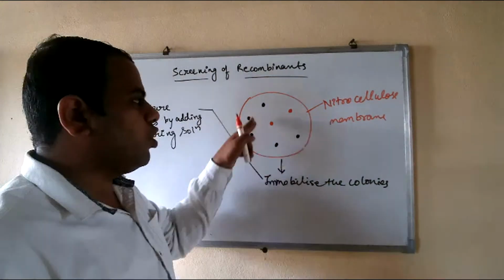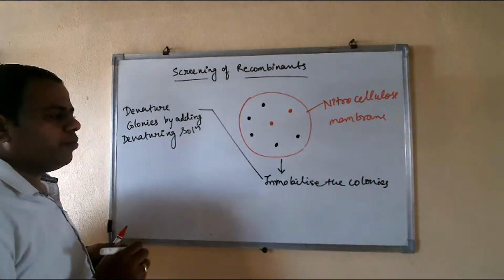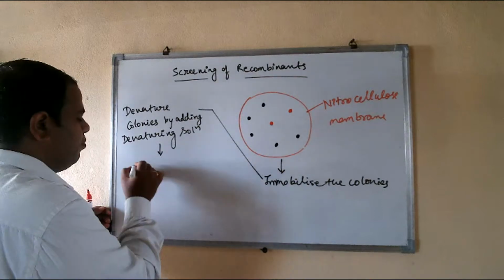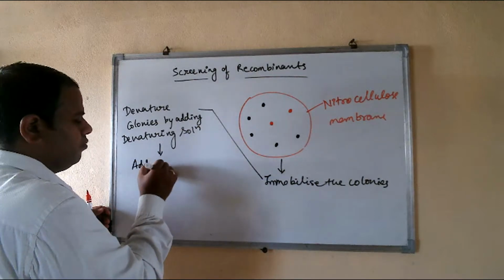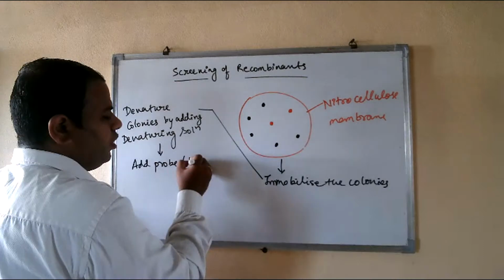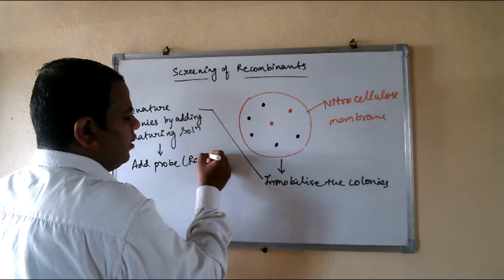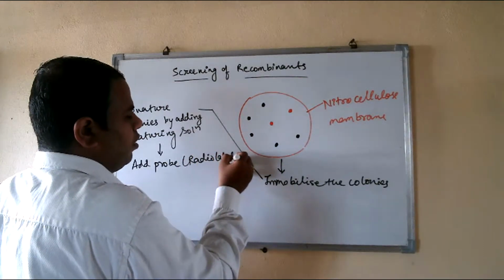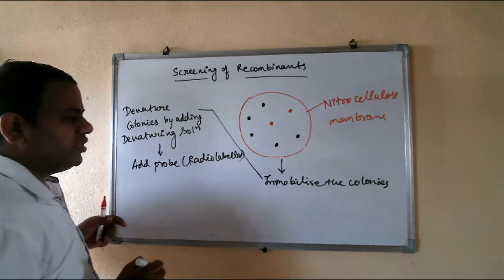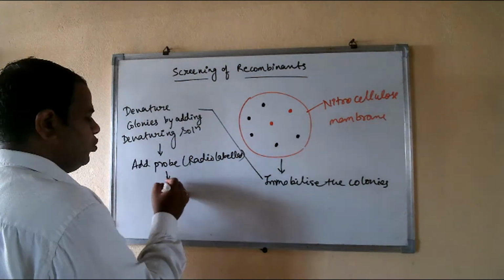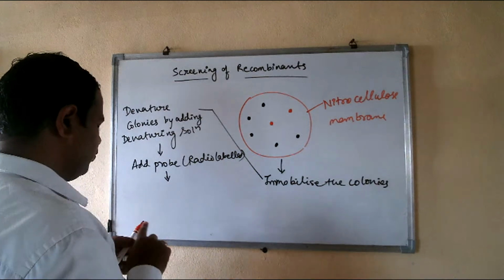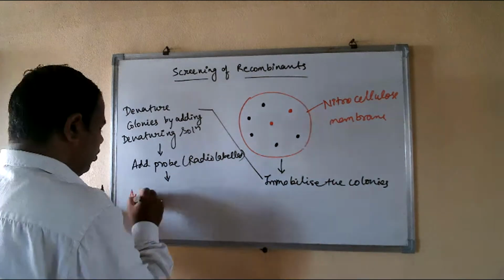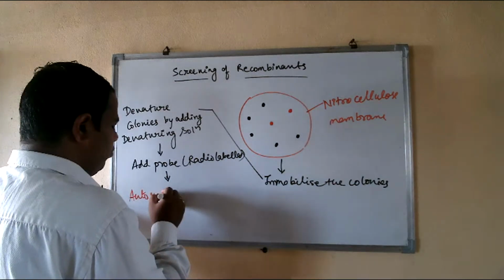Now, when the colonies are burst, you have to add the probe. The probe is radio labeled here, and then you go for autoradiography.